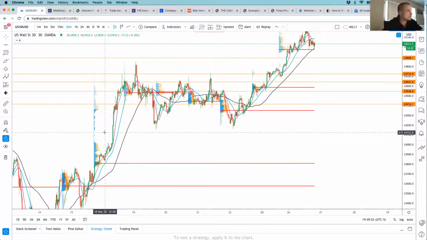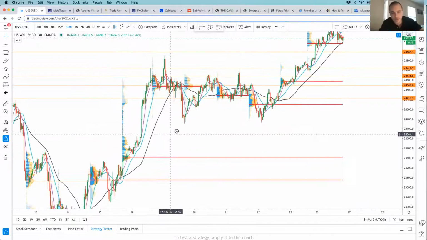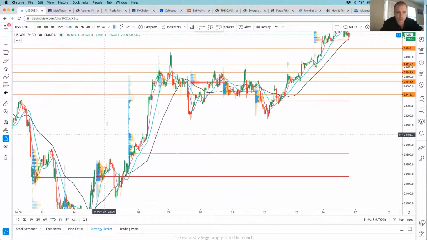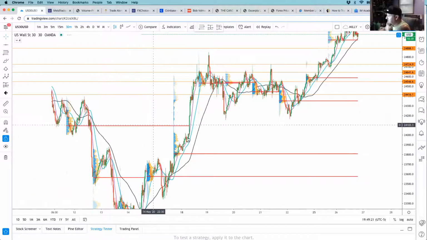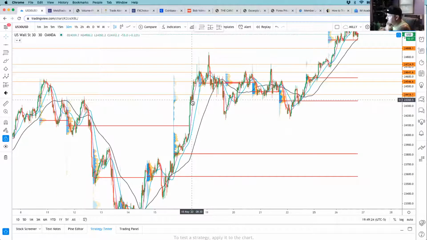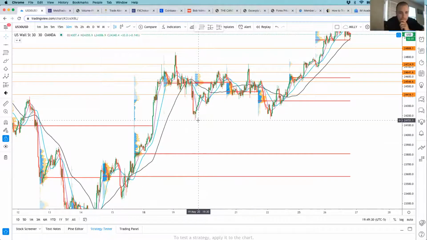Right. So the auction market theory basically is that price will have to jump to an agreed upon price again, if that makes sense. Yeah, it does. So there has been no trading in this area, so it has to jump back up to somewhere where it seeks value. Okay, I see now. Does it make sense? Yeah.